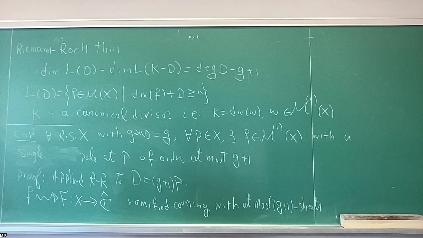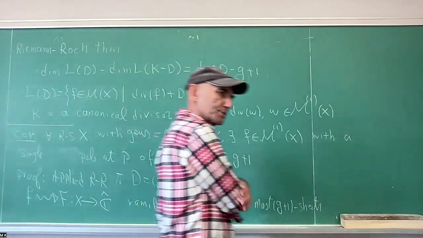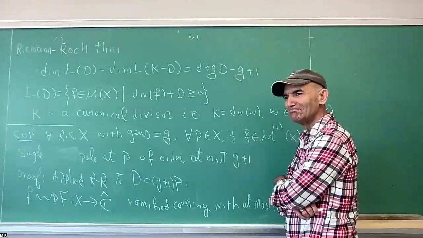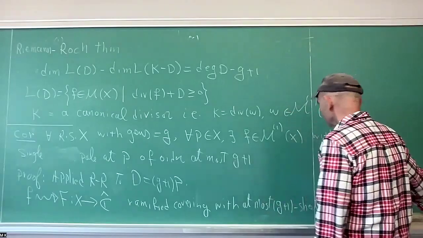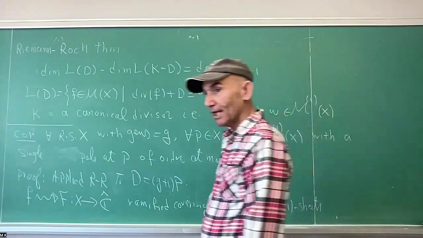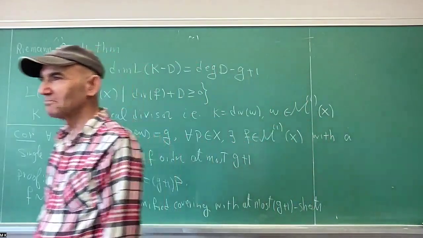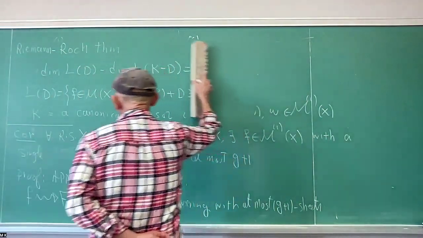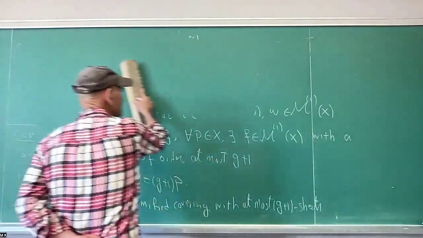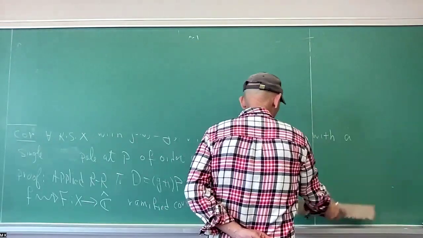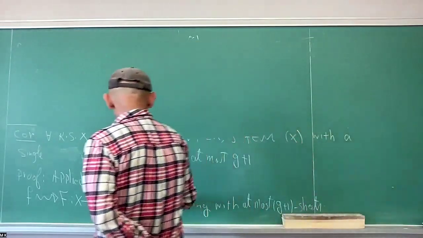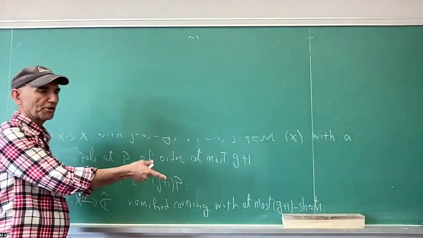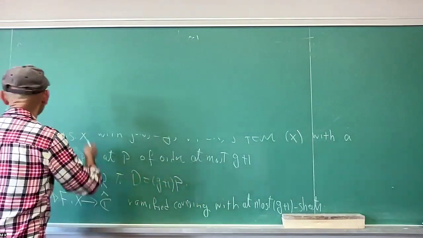So that's what we did in the last lecture. It's a very general result. Now let's take G equal to 0 and see what happens. In that case, G plus 1 is 1, and a one-fold ramified cover is really just a bijection.